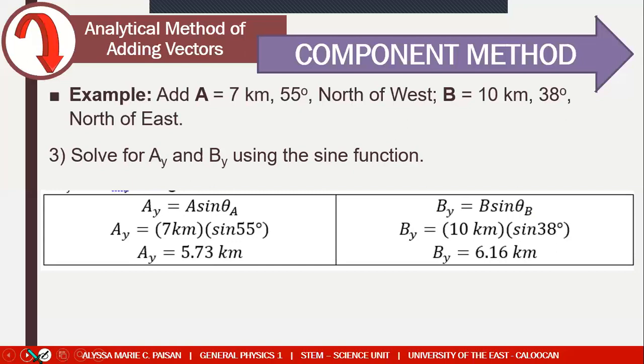And then we substitute the magnitude of vector A is 7 kilometers, and then sine 55 degrees. For B sub y, that's 10 kilometers times sine 38 degrees. The results are A sub y is 5.73 kilometers and B sub y is 6.16 kilometers. Again, let us leave them unsigned for now.